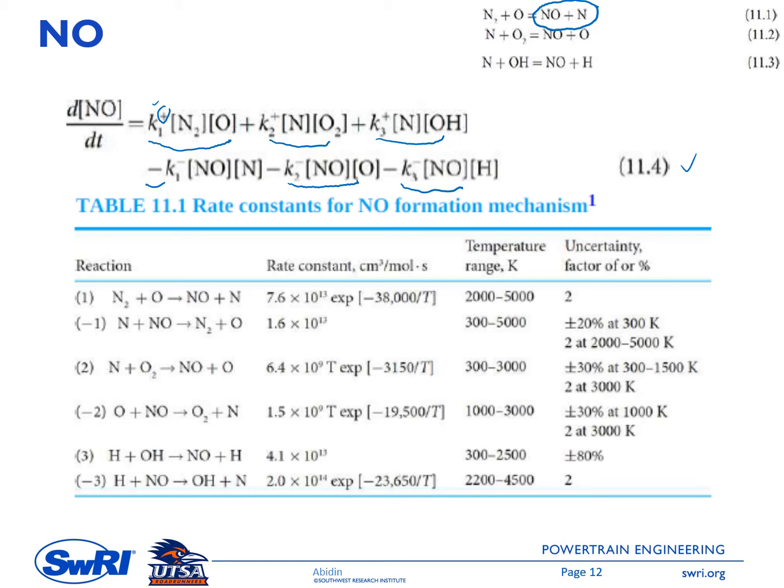And this table 11.1 is showing us the reaction rate constants, and these are a function of temperature. And this is the range of conditions for this reaction rate constant along with the uncertainty factor or the percent error here.